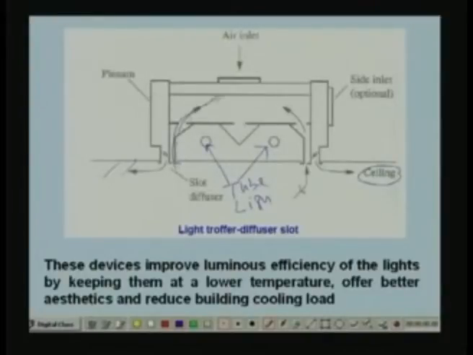That means return air goes like this, back to the air handling unit, and they also have supply air diffusers. That means the supply air comes like this. So the same unit combines the light troffer, where the fluorescent tubes are located, and it also consists of the supply air diffuser and the return air slots. This kind of unit is called a light troffer diffuser slot.